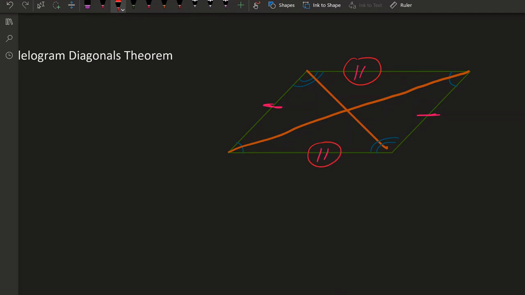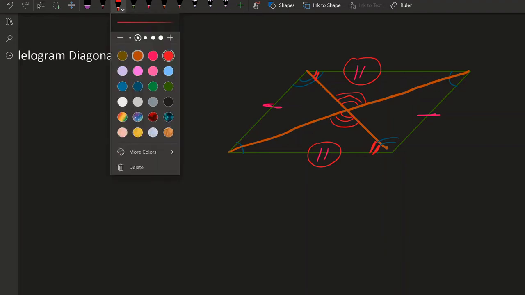This side is congruent to this side. And then I can also say vertical angles. This angle is congruent to this angle. And then using alternate interior angles, I can say this angle is congruent to this angle, which means by angle, angle, side, these two triangles are congruent.